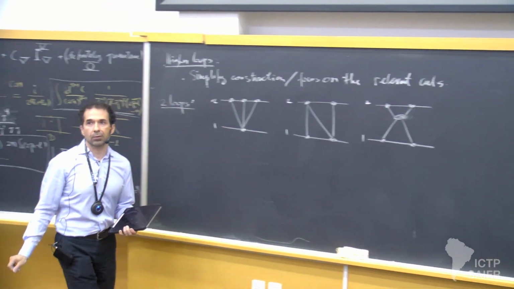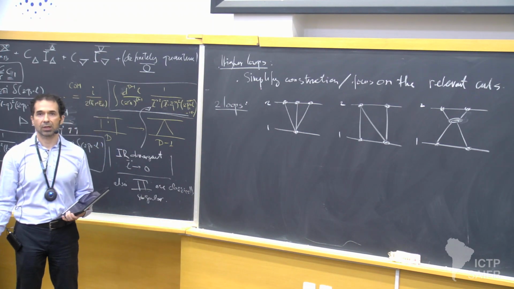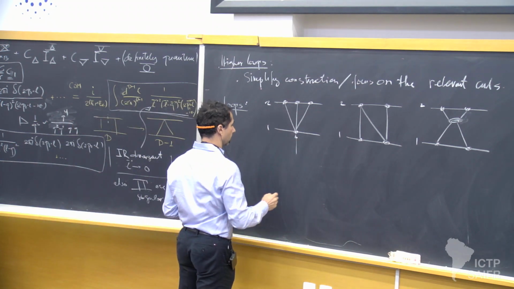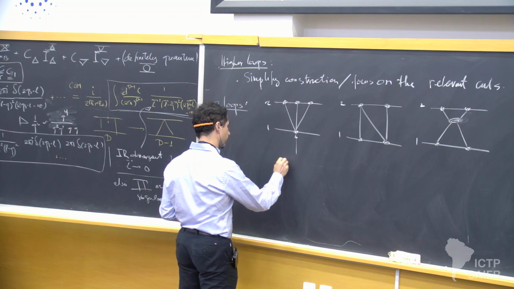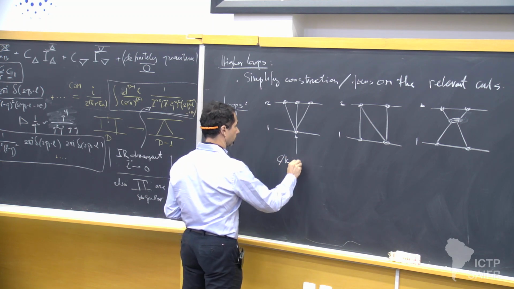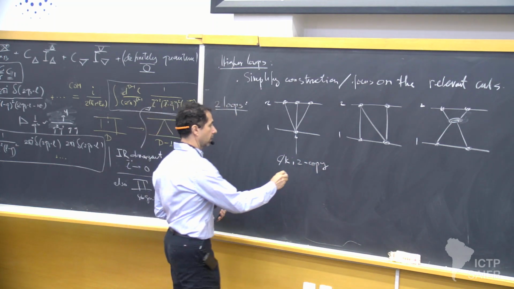So to compute them, you need to use pretty much everything you've learned over the last couple of weeks. So each of these blobs, you get to use color-kinematics duality, double copy, either in the BCJ form or in the KLT form.